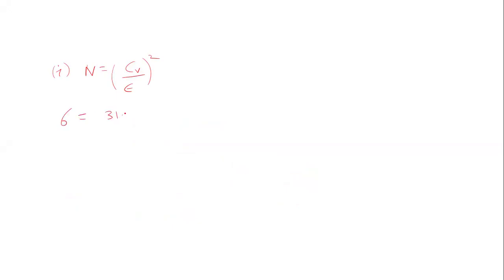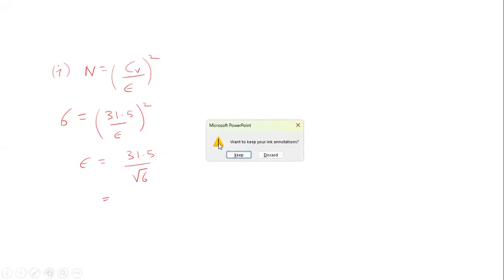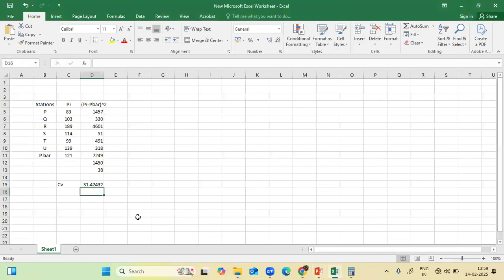So 6 equals (31.5 upon epsilon) whole square, or epsilon would be 31.5 upon under root 6.